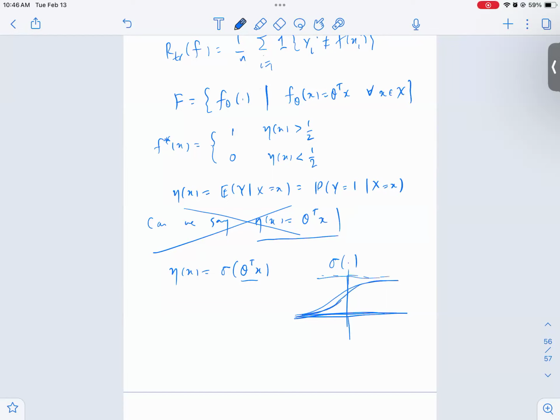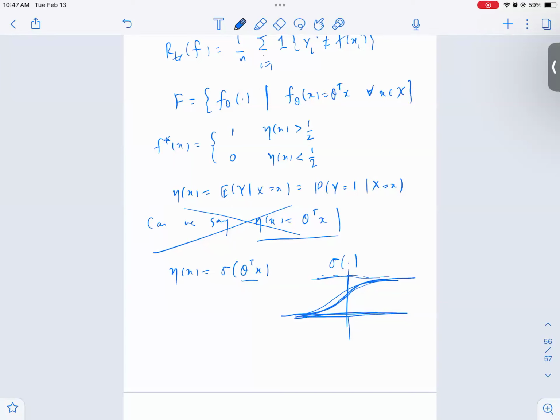Any function can do actually, but what people usually work with is something smooth where negative infinity maps to 0 and positive infinity maps to 1. So it saturates, and it's guaranteed to be between 0 and 1.